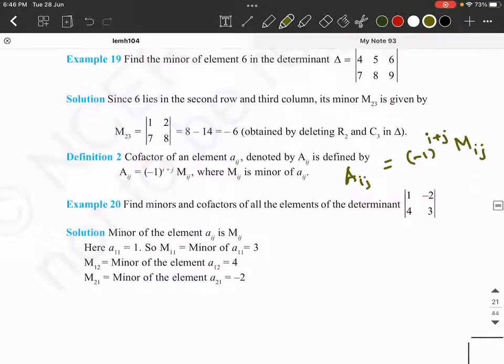Suppose I have this matrix: 1, -2, 4, 3. I have 1, -2, 4 and 3, and I'm asking you to find the cofactor of each element. First, what will you do? Find the minor. To that minor, what is the prefix you need to multiply with? -1 raised to the power of i plus j. Do that fast.